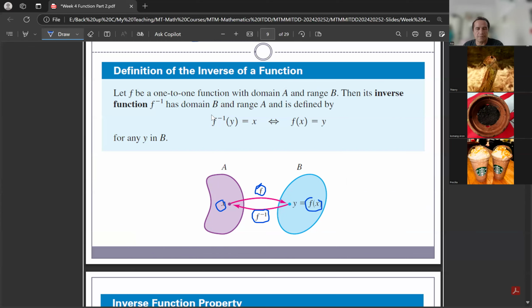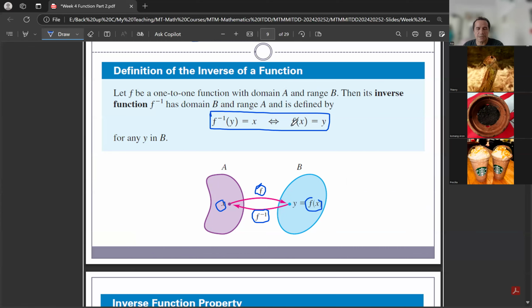But the mathematical definition, with mathematical symbols, is like this: if f(x) is equal to y, then the inverse function of y is equal to x.